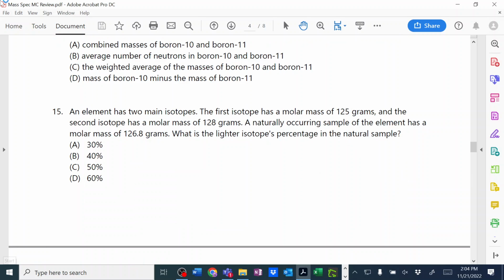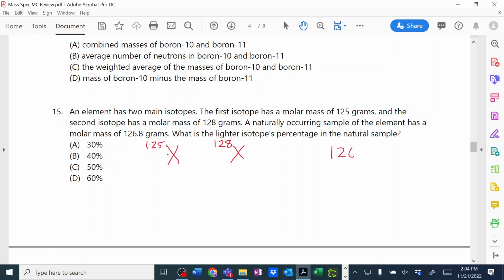Okay, so we have this first isotope, which has a molar mass of 125 grams. So I'm going to say I've got isotope A, and it's got a molar mass of 125 grams. I have the second isotope, which has a molar mass of 128 grams. And the average mass is 126.8 grams.